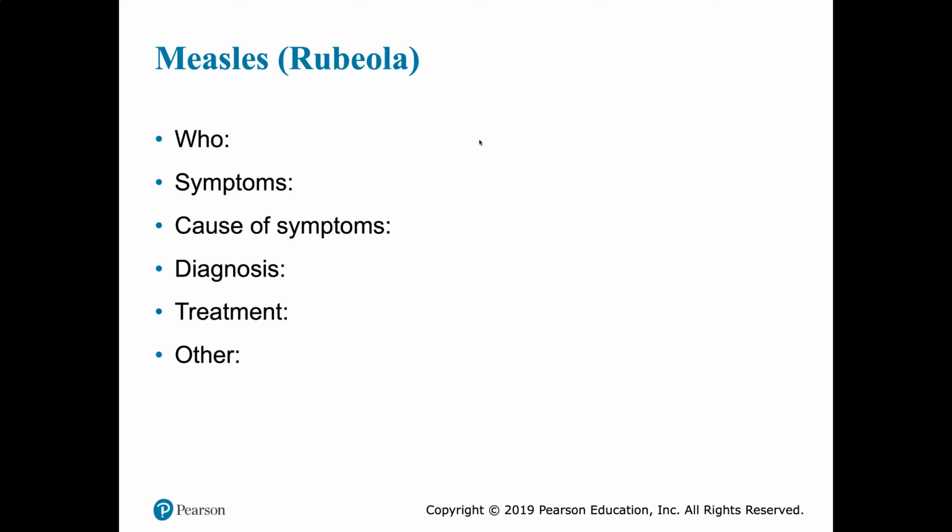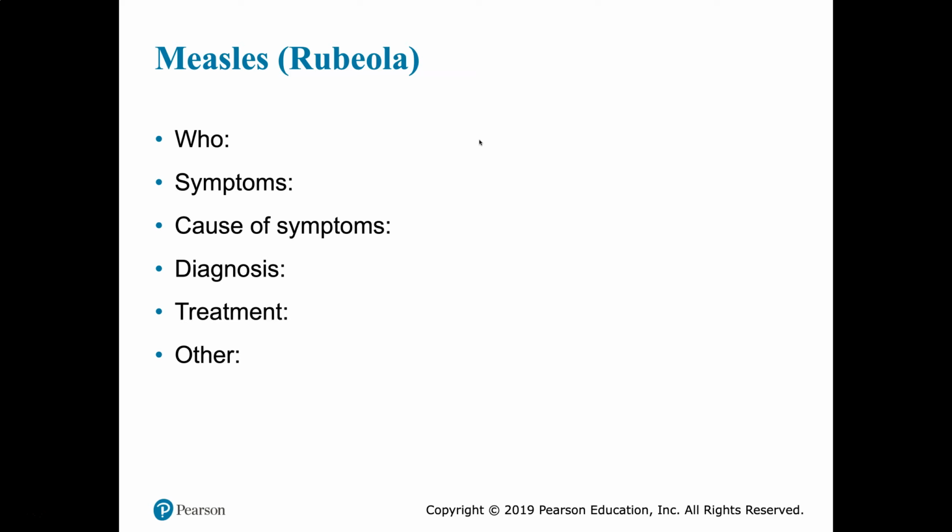There was an outbreak in New York within the Hasidic Jewish community, where they had anti-vaccination. People had gone in, talked to these populations, and convinced them not to vaccinate. And then they saw huge increases in the number of cases of measles.